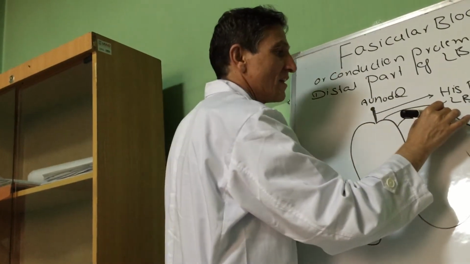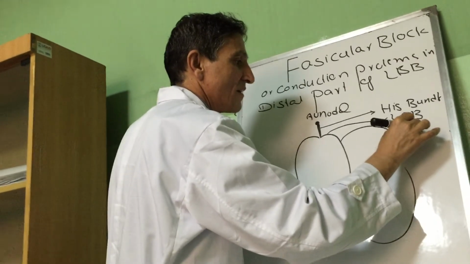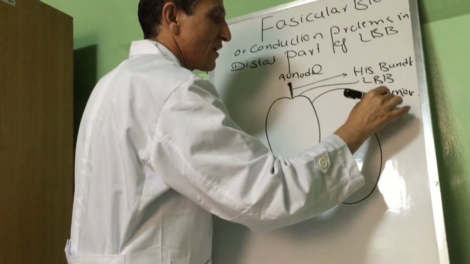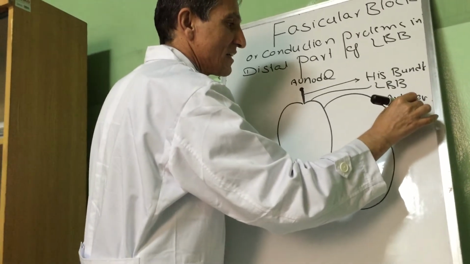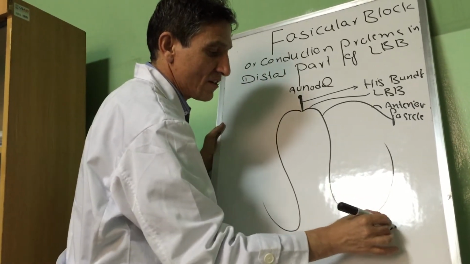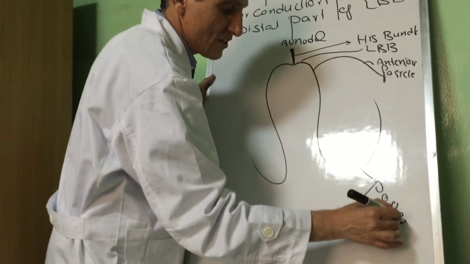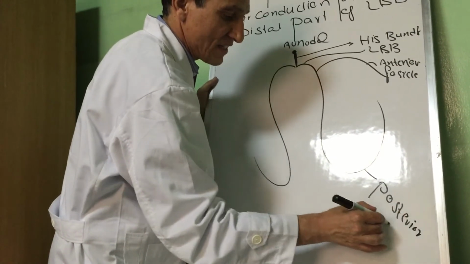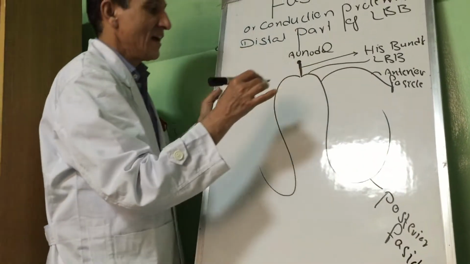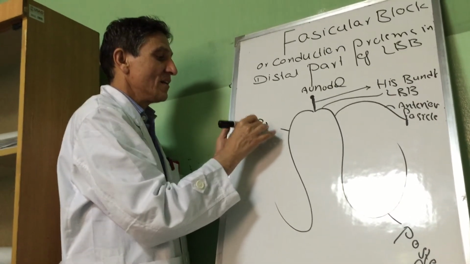This is the anterior fascicle, F-A-S-C-I-C-L-E. This is the posterior fascicle. And this is the right bundle branch.